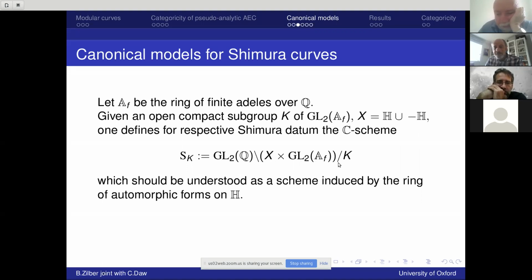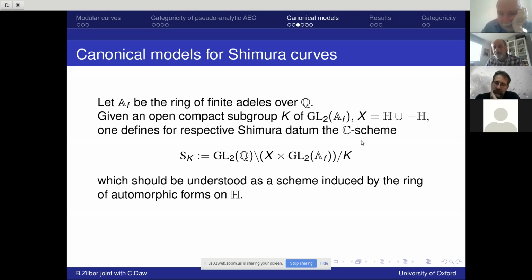So here you can factor by open compact subgroups of this group on this side, and on the left you see you have an action of GL2Q on X, right?